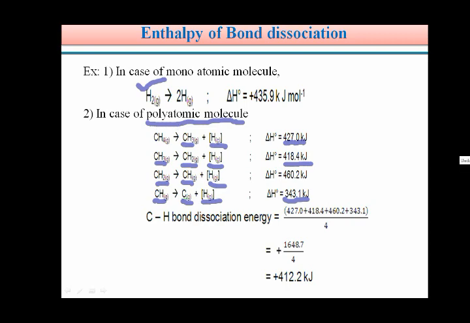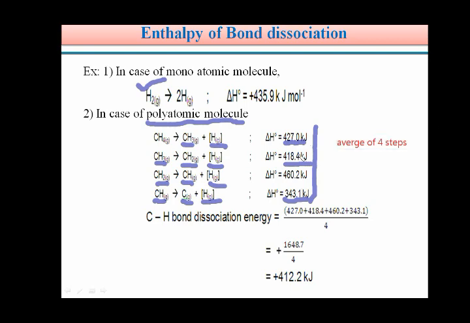So in case of a polyatomic molecule, each step has a bond dissociation energy. In this case, we take the average of all these elementary steps. For the methane molecule in this example, the average of these 4 steps, these 4 bond dissociations, is taken as the enthalpy of bond dissociation for the methane molecule.